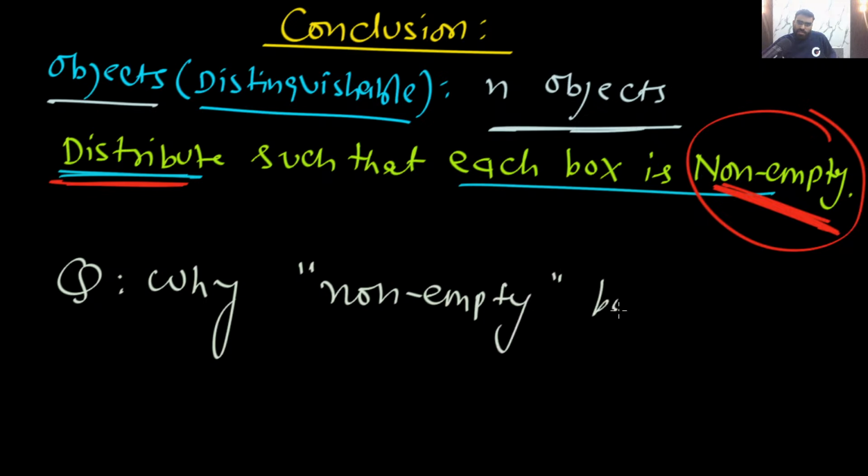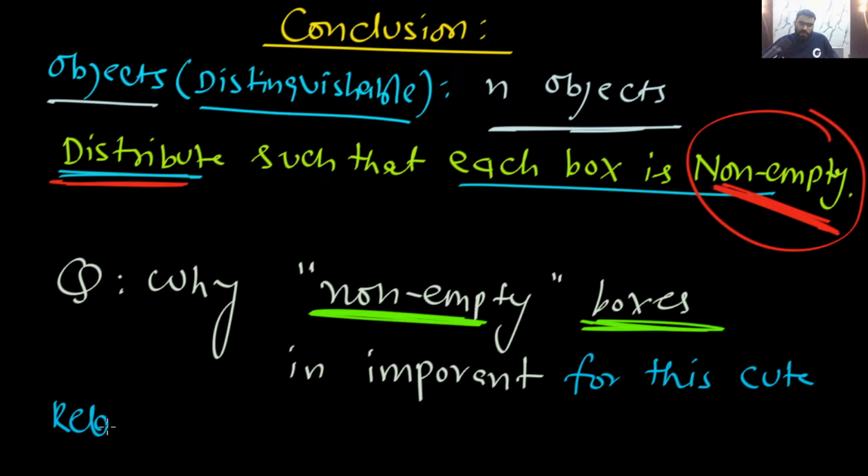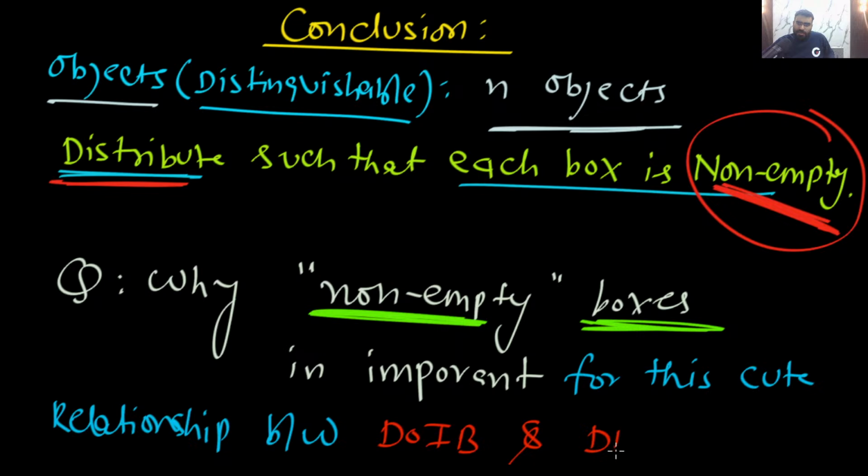Why are non-empty boxes important for this beautiful, cute relationship between DOIB and DODB?